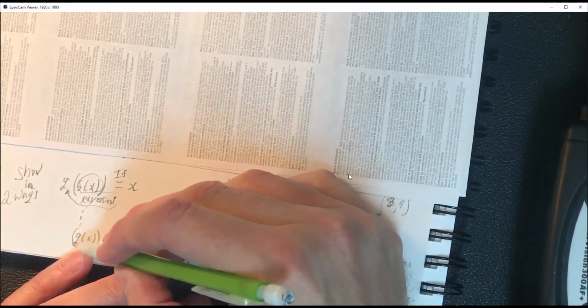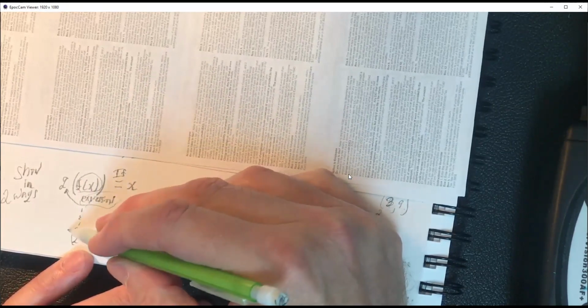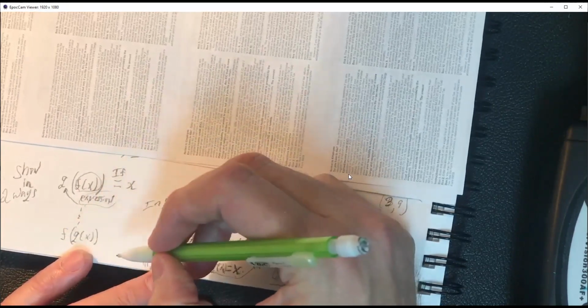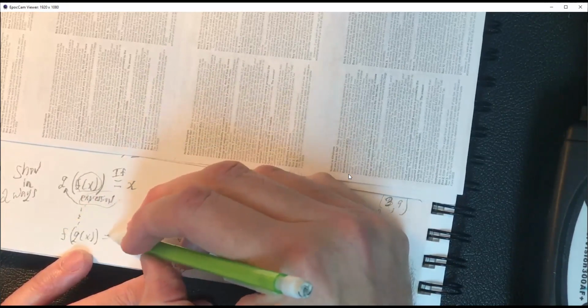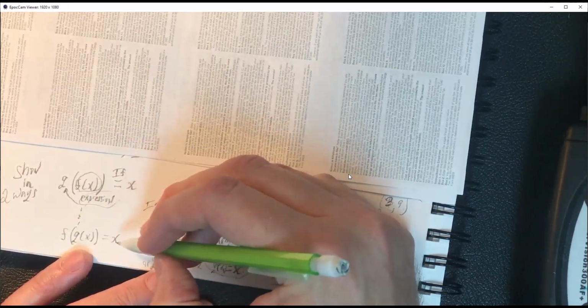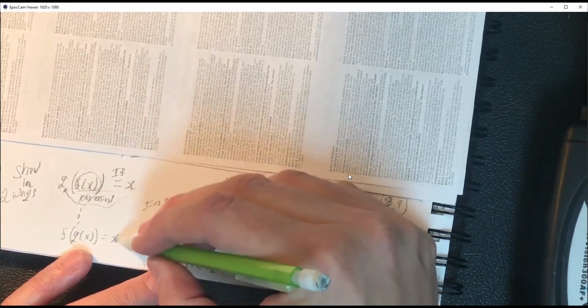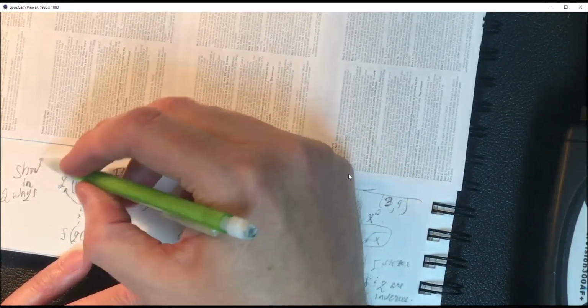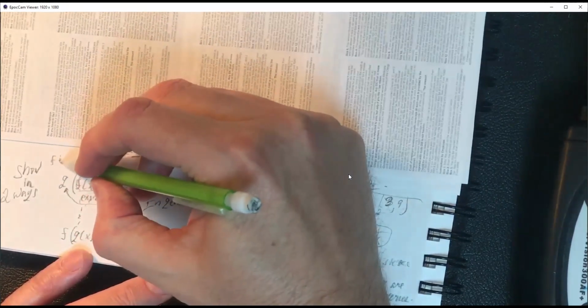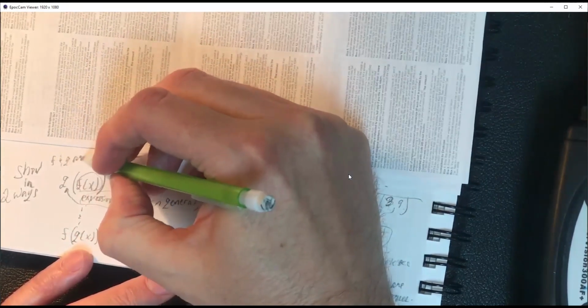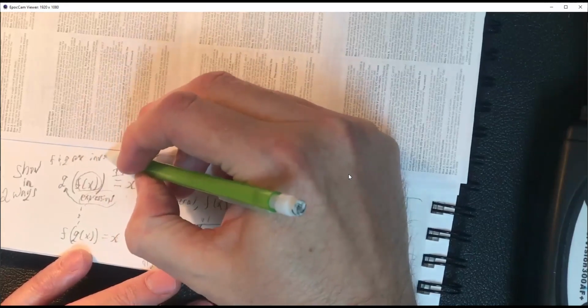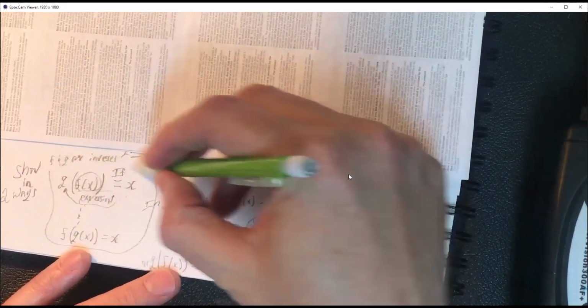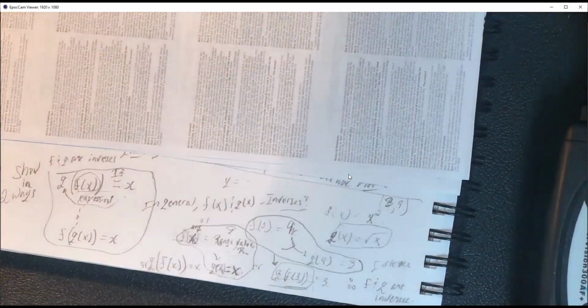Whatever mapping we get, you would then put it into the other function. And if we get back to x again, then if both of these happen, then they are inverses of each other. You have to show f and g are inverses. Then they will ask us to show both of these compositions. Okay.